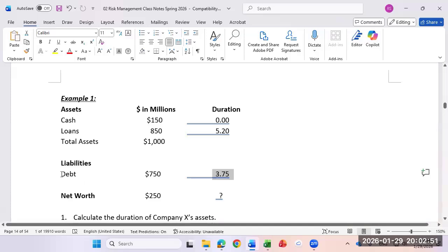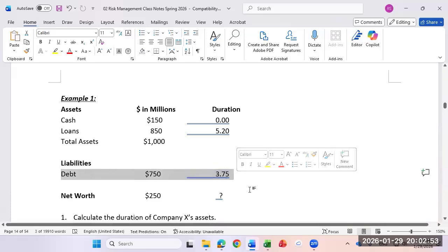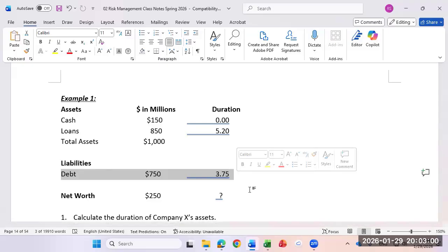This is where it got really complicated at USAA, because USAA had deposits like checking accounts and savings accounts. The CDs were easy. It's really easy to come up with the duration on a certificate of deposit. But we had a big debate on the checking and savings accounts. What is the duration of a checking and savings account?